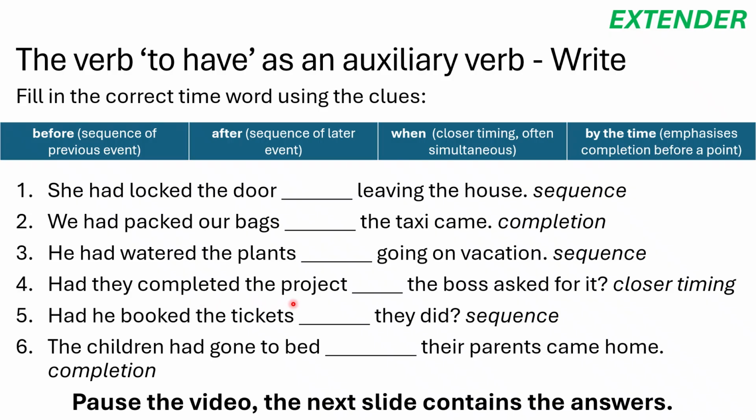Had they completed the project? The boss asked for it. Closer timing is the clue. 5. Had he booked the tickets? They did. Sequence is the clue. 6. The children had gone to bed. Their parents came home. Completion is the clue.